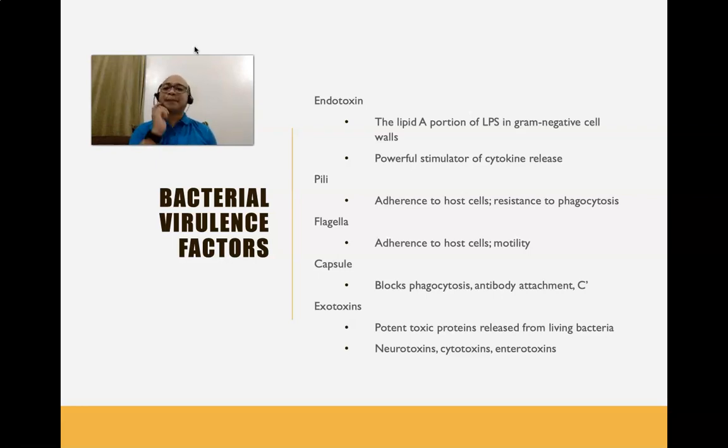Okay, and then capsule, an organized polysaccharide, slimy polysaccharide layer found outside the cell, and of course, it allows the bacteria to evade phagocytosis. So it blocks phagocytosis, it blocks the attachment of antibody, and of course, it also blocks the complement cascade.